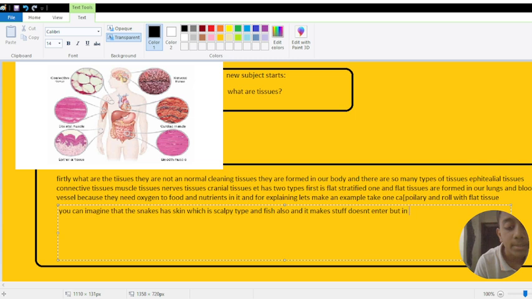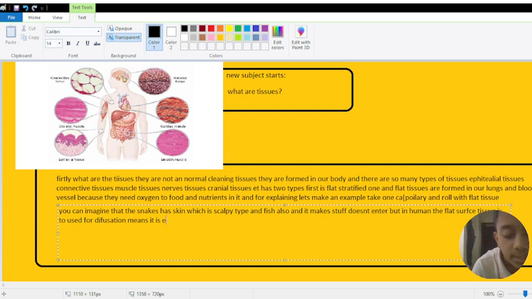in the human body, the flat surface tissue is used for diffusion, which means it is an easy tissue.